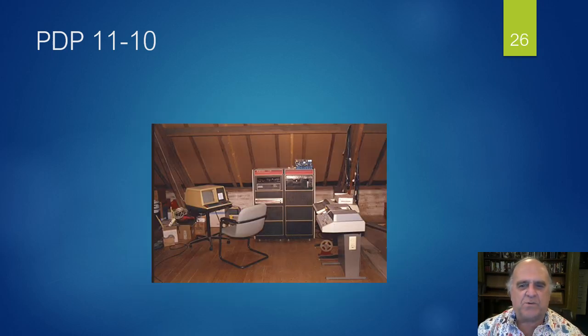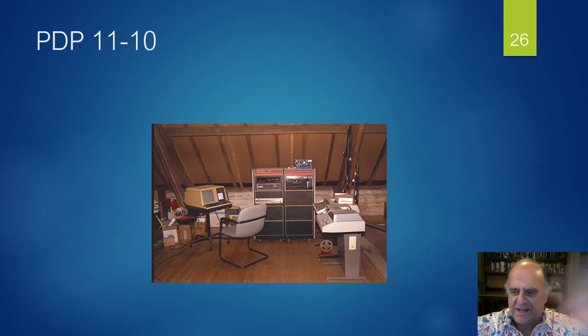Our lab actually looked very much like this. Here you can see two PDP 1110 units side by side. One unit was the processing unit. The other unit would usually read these huge tape cartridges. Then you can see a computer to interface with the PDP 1110, or a monitor.